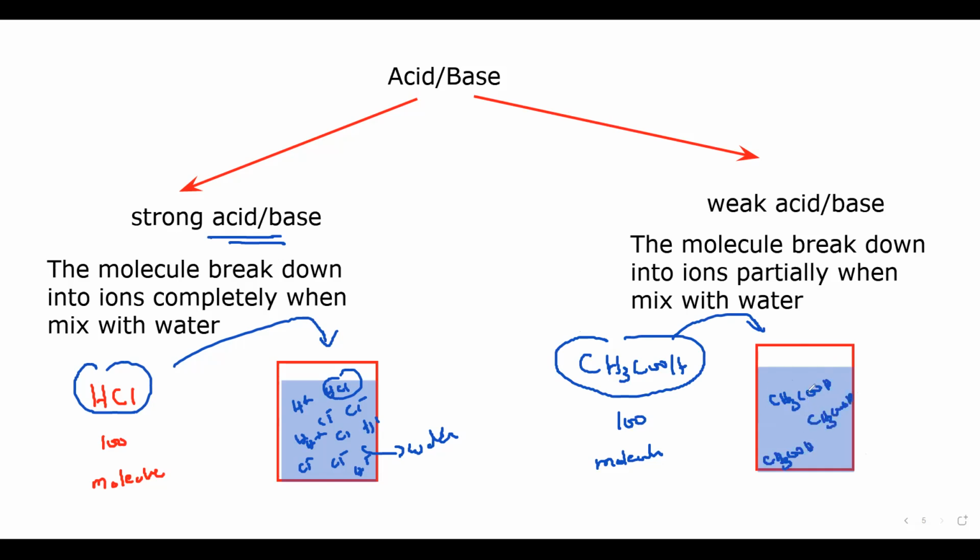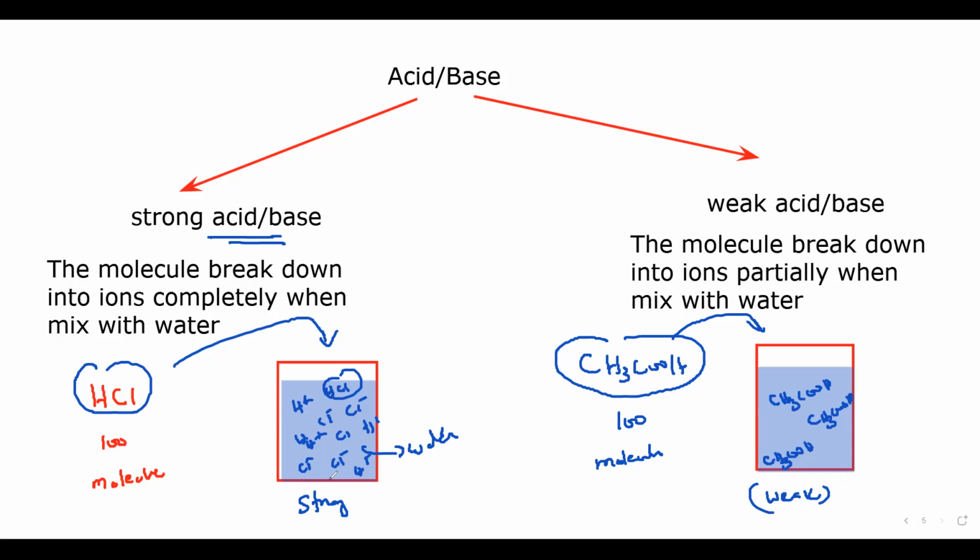So if most of them remain as molecules when mixed with water, we call that weak. If it was an acid, we say weak acid. If it happened for a base, we call that a weak base. If it dissociates into ions, we call that a strong acid, and strong acids have more ions.